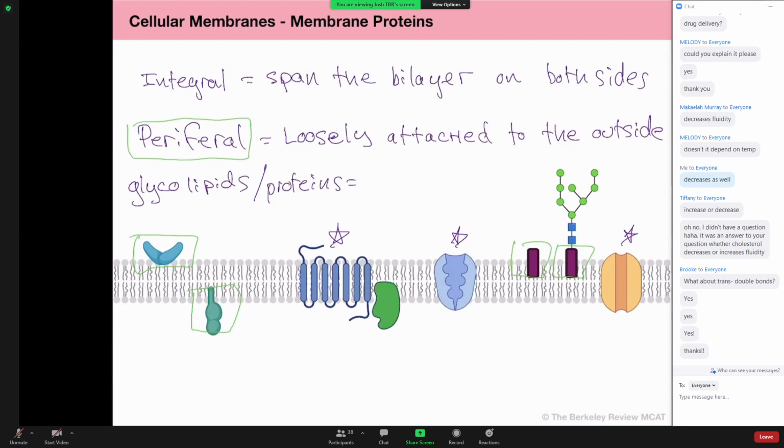This is going to be any of these proteins, or maybe a lipid, where you attach branched sugar molecules to the lipid or the protein, and that sticks out of the lipid bilayer. You don't need to know this yet, but this will be important for cell signaling and communication and binding sites sticking out of the cell membrane. Anybody have any questions on that? This is just some naming, so if it comes up in a passage, you know what they're talking about.